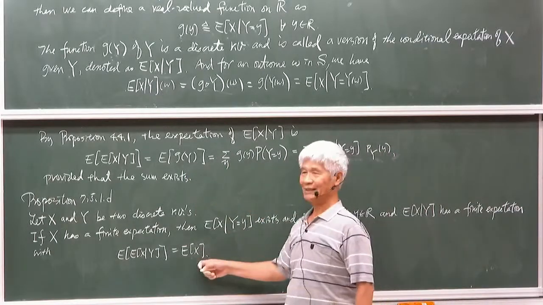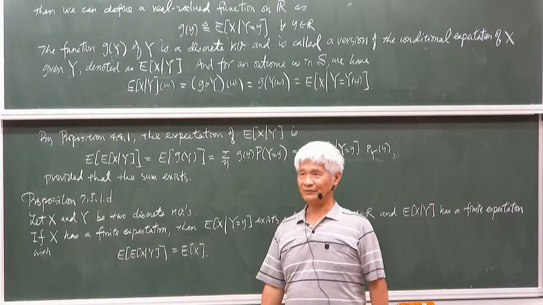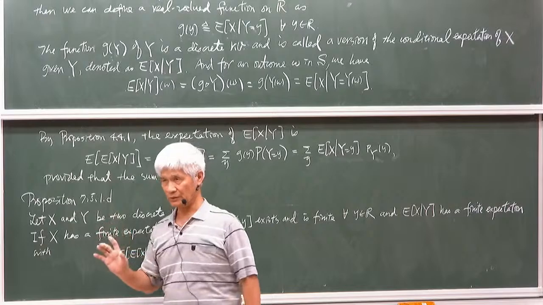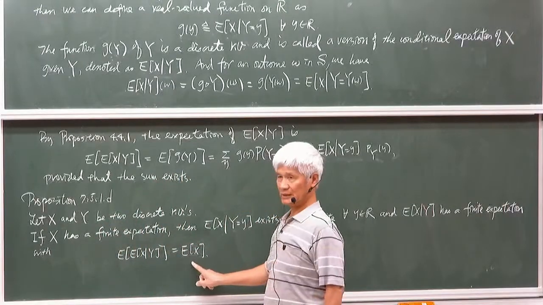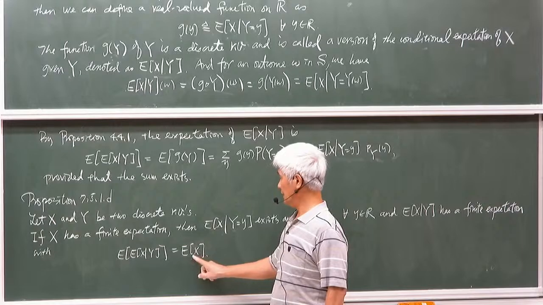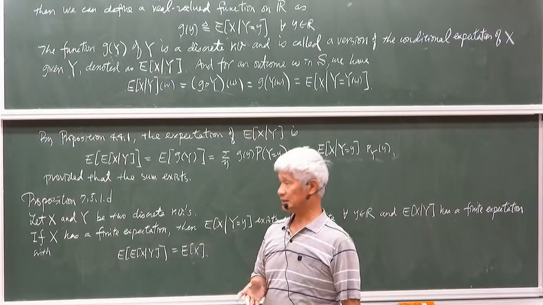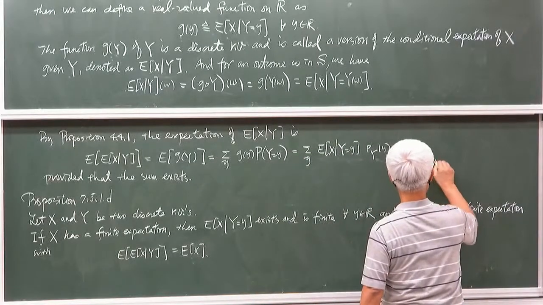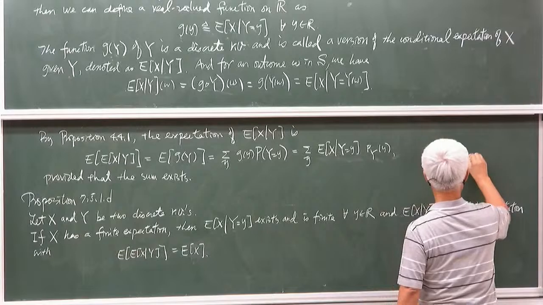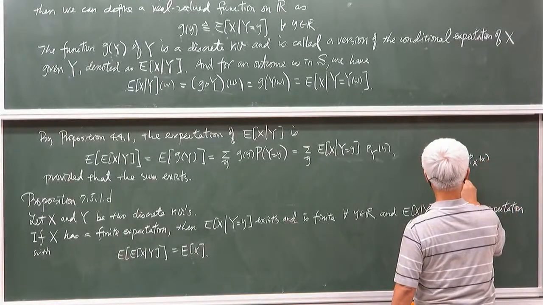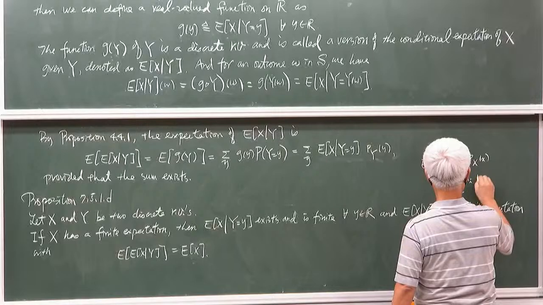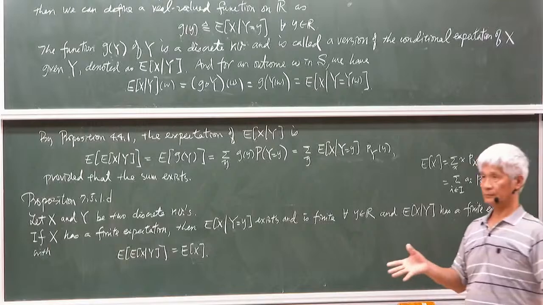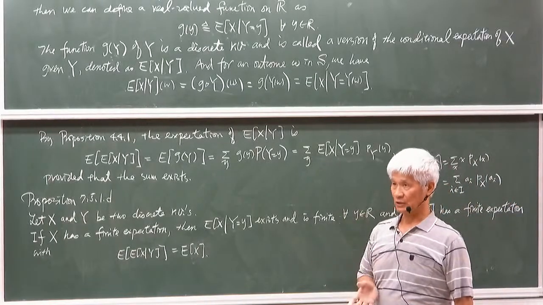So this identity is very important. If we know that random variable X has a finite expectation, but it's very hard to evaluate this expectation directly by using the formula, we can evaluate this sum, but it may be very difficult.